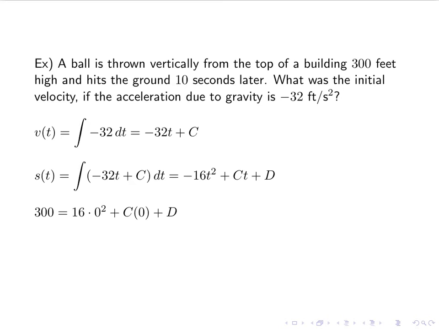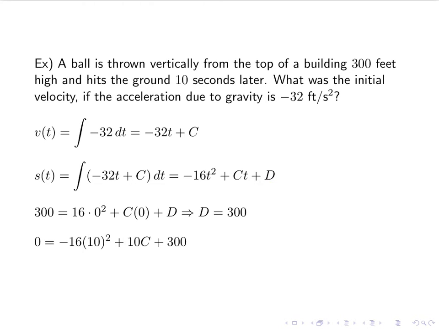So 300 equals, that should be a negative 16, doesn't matter, I'm multiplying it by 0, plus t times 0, plus d, which gives me d is 300. Once I have d, I'll plug it in, and then I'll use my other equation to solve for c.